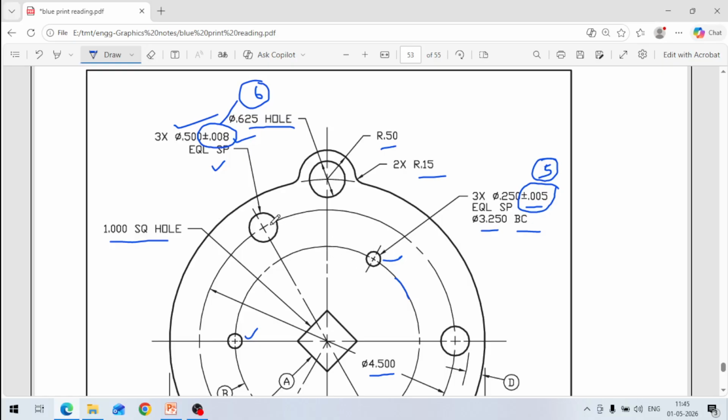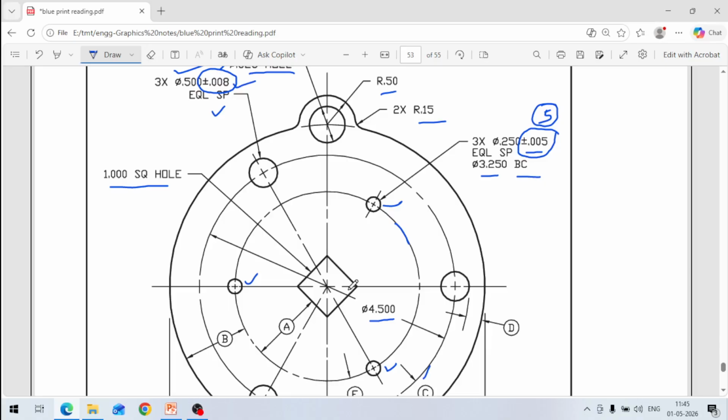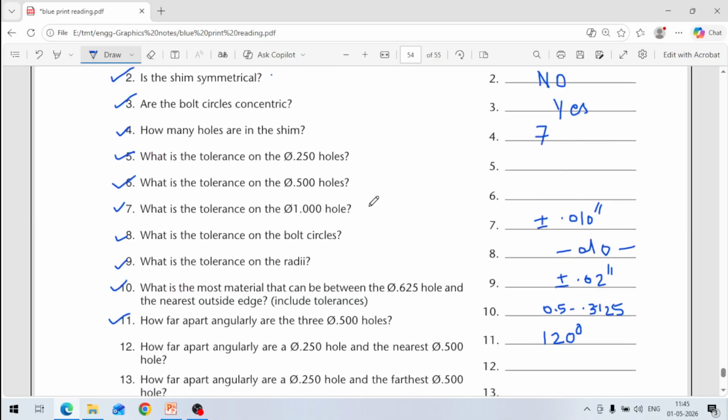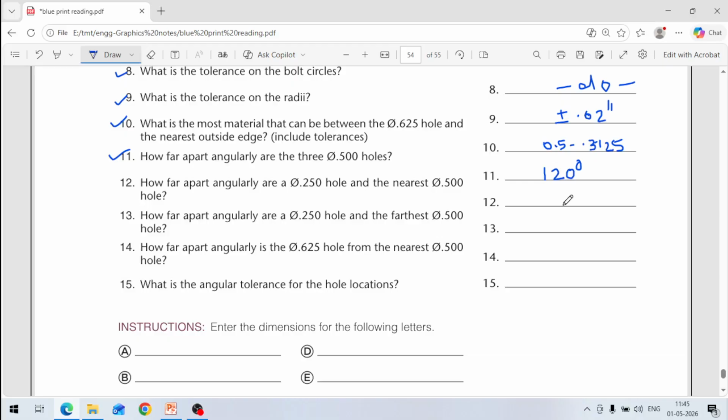So this distance, how much is it? It is 60 degrees. If I take this angle it is 60 degrees, and this angle again 60 degrees. So the answer is 60 degrees.